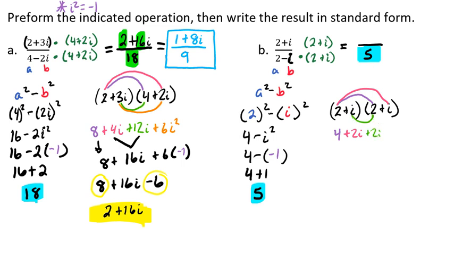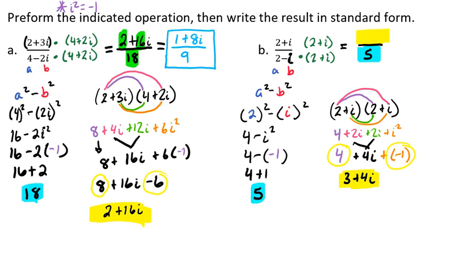And i times i is i squared. So we're going to have 4 plus 4i plus -1. And we're going to combine our 4 and our -1 so that now we have 3 plus 4i. We're going to take that and put it on the numerator.